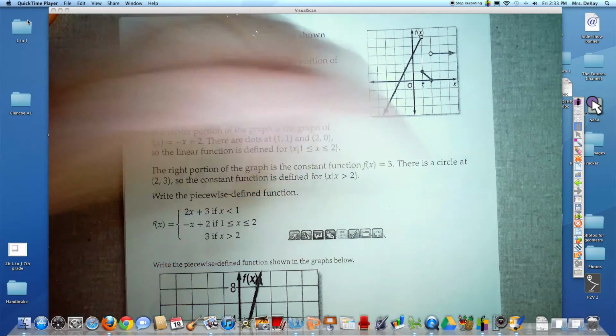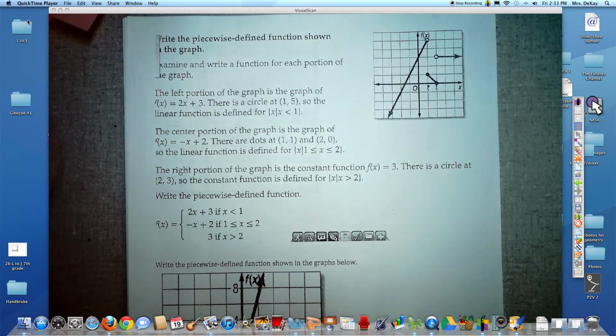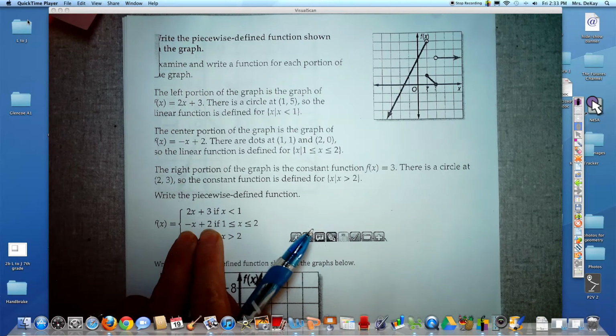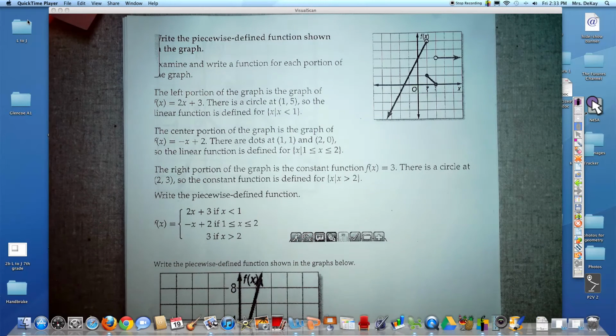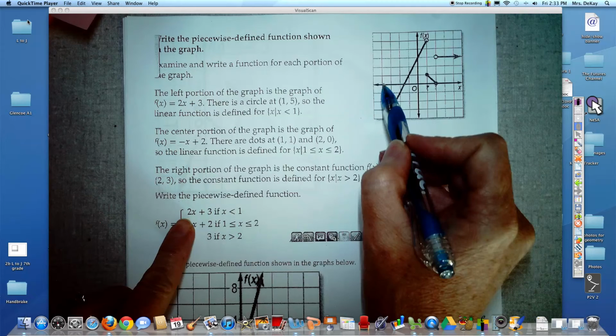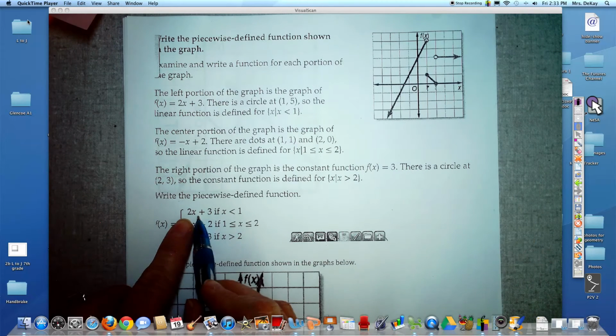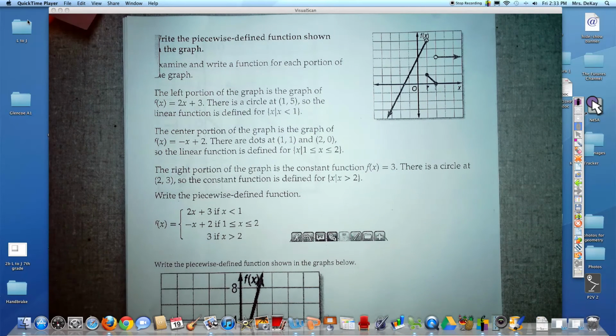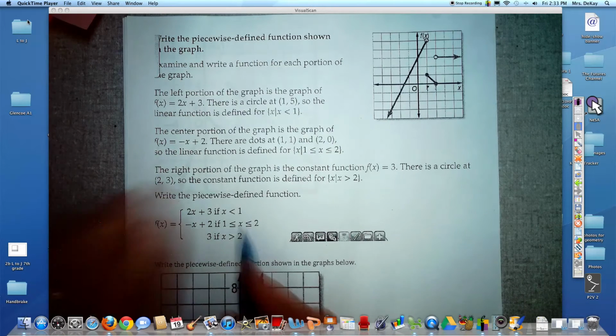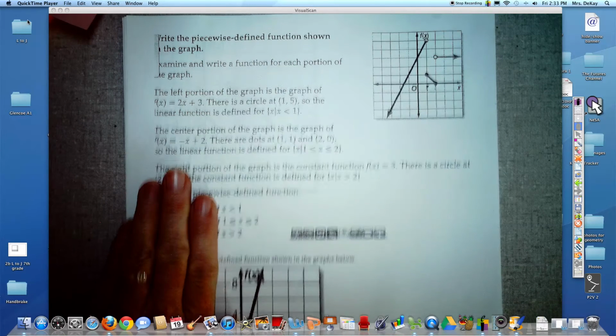If I picked the number 1.5, my graph is this. If I pick the number -6, then my graph's going to be here. So finding your intervals is kind of good.